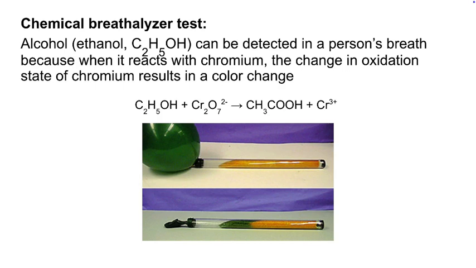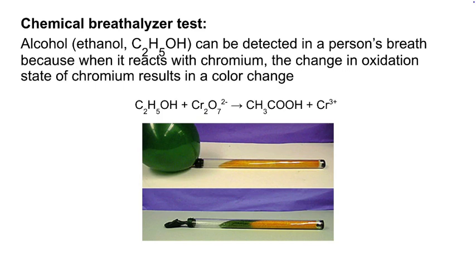So why is this stuff potentially useful? Redox shows up all over the place, so you're going to see it everywhere. One of the hopefully not relevant places that it shows up would be a chemical breathalyzer test. If people happen to be out drinking and then got into a car and drove, you may encounter a police officer pulling you over and requesting you breathe into their device.